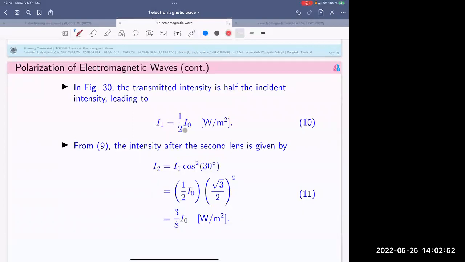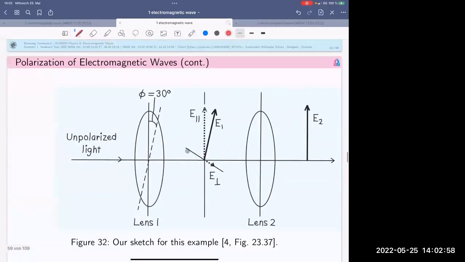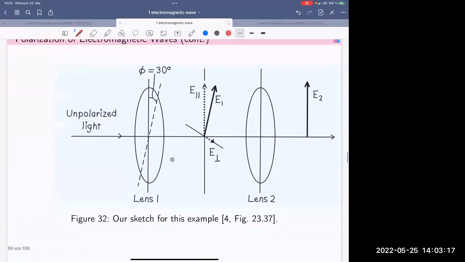I1 will be the result from the former expression, right, after the first one. The intensity is reduced by 1/2 and is propagated through the second lens, okay, that has polarizing axis in the vertical arrangement like this.